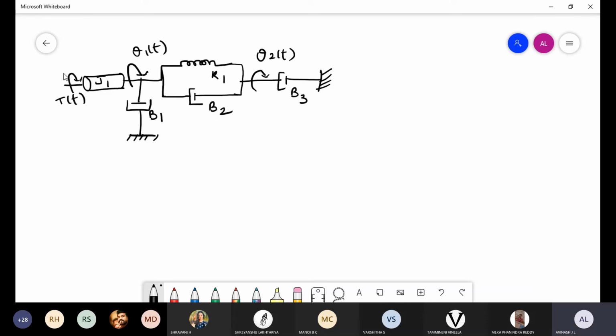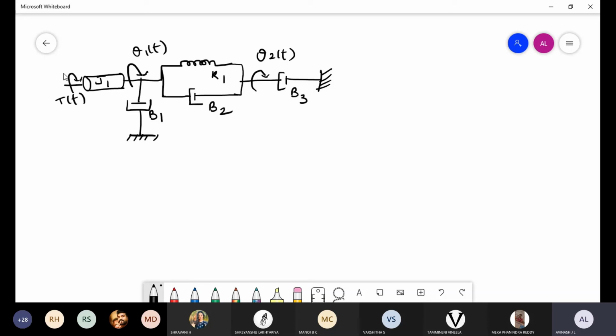If they themselves give a node, that's fine. If they don't give anything, we must not consider one. But if they give, we must consider it. And for every J there should be a displacement, whether they give it or not, we must consider it.